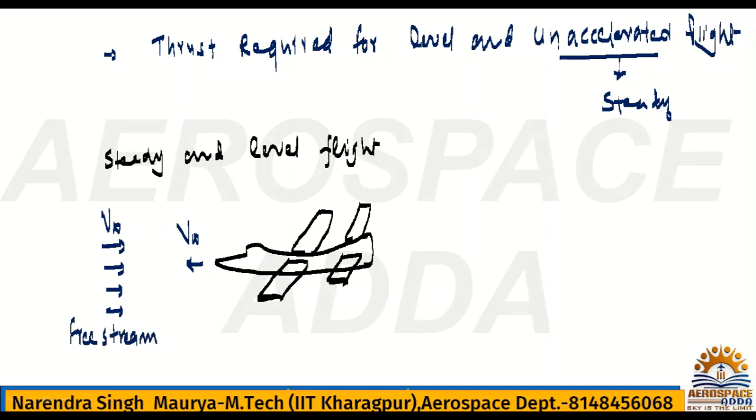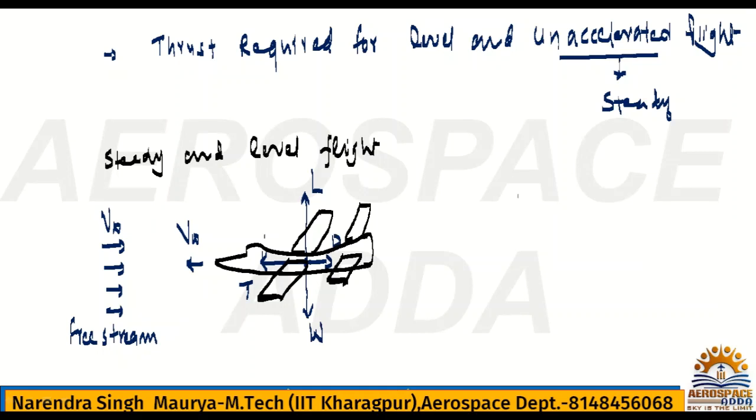Fine. If you check the different types of forces for the steady level flight, definitely weight will be acting normally downwards, normal to the motion of the aircraft or normal to the free stream velocity. Perpendicular to the free stream velocity will be the lift force, and it is moving in the forward direction. The force which is responsible for the forward motion will be thrust, and it will be opposed by one force which is called drag.